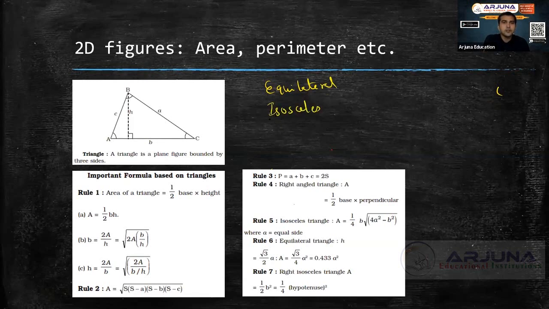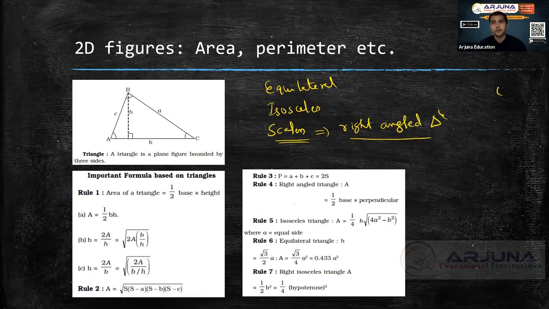And lastly, we have scalene triangle, where no sides and no angles are equal. In scalene triangle, there is one special case, that is right angled triangle, where we can apply Pythagoras theorem, a very important type of triangle.